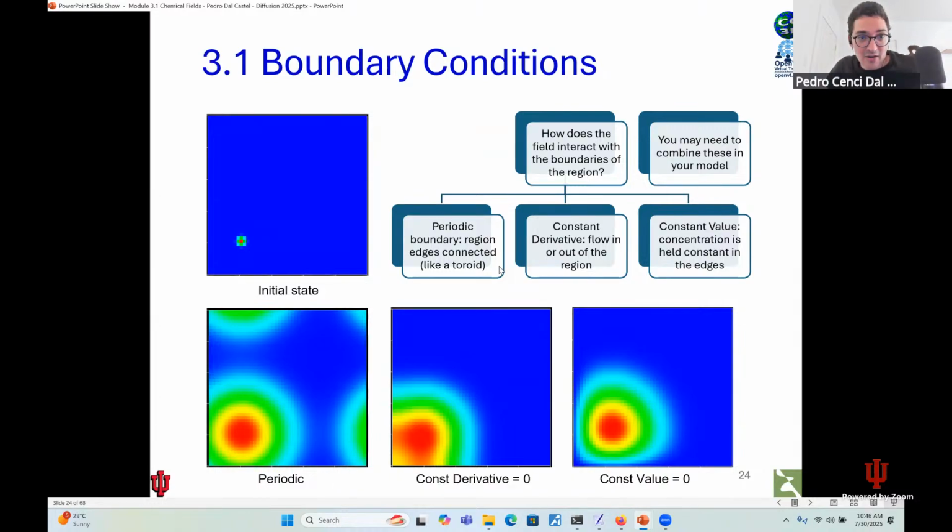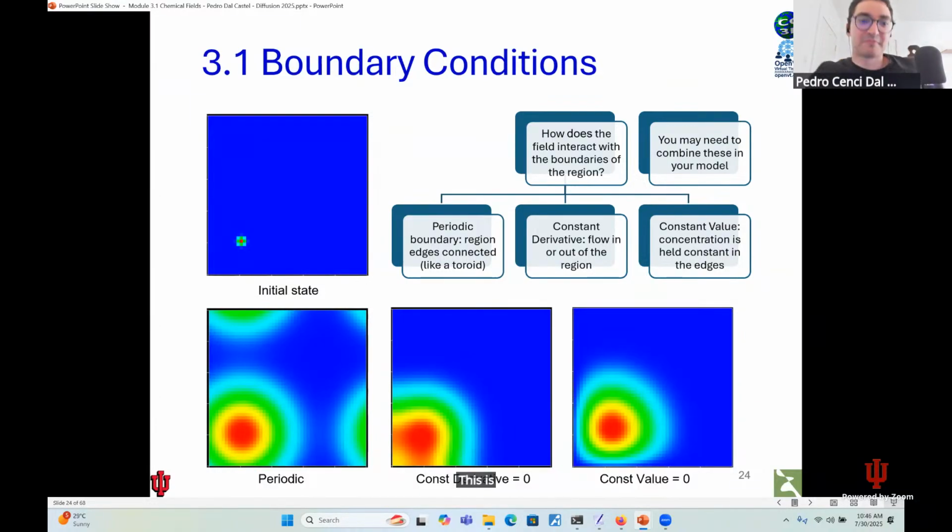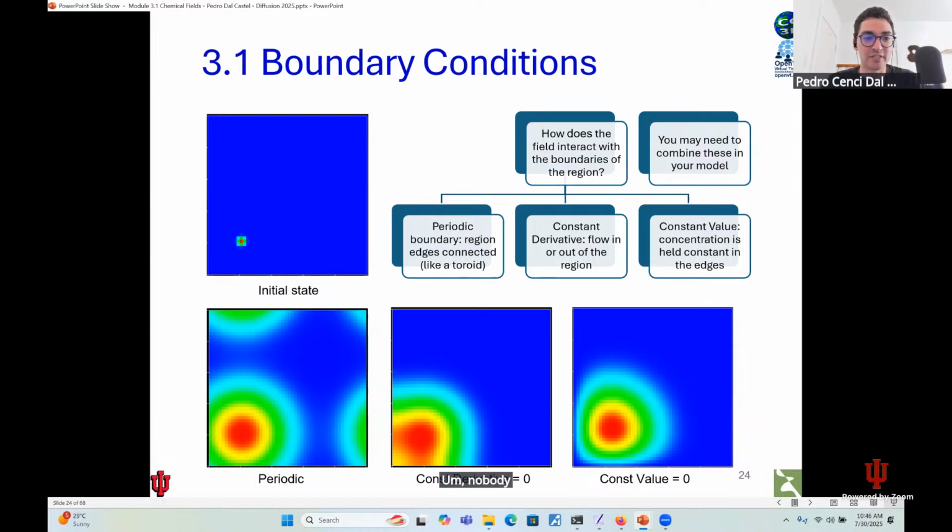We'll have now an exercise on boundary conditions, about thinking boundary conditions. So I'm first going to revisit the boundary conditions to make sure nobody forgot what they are.